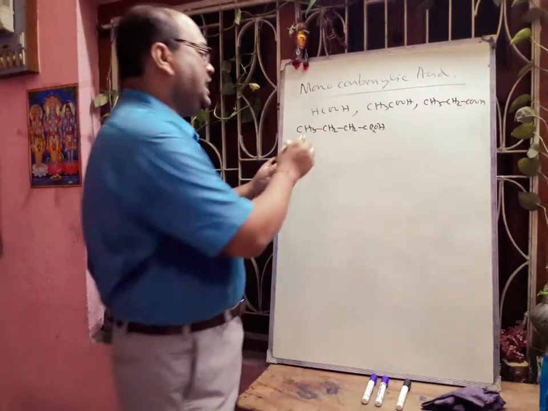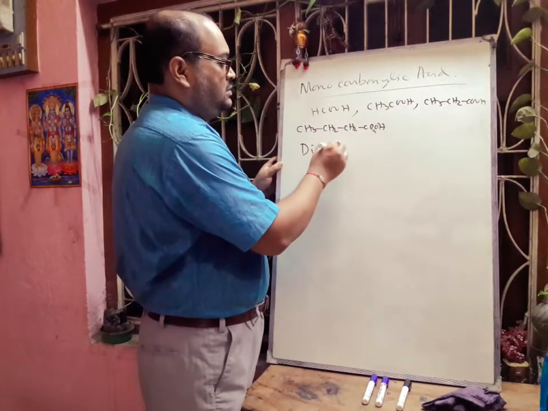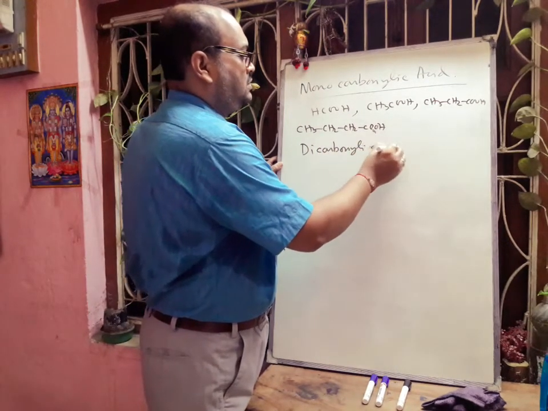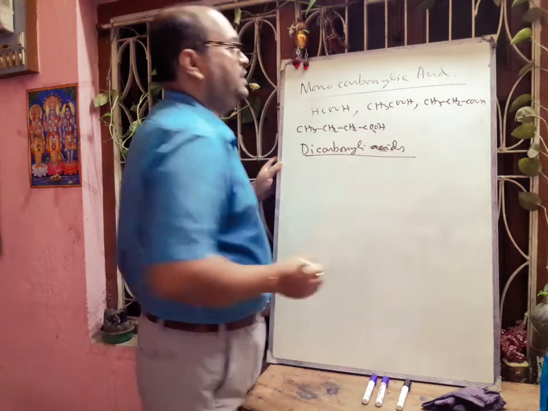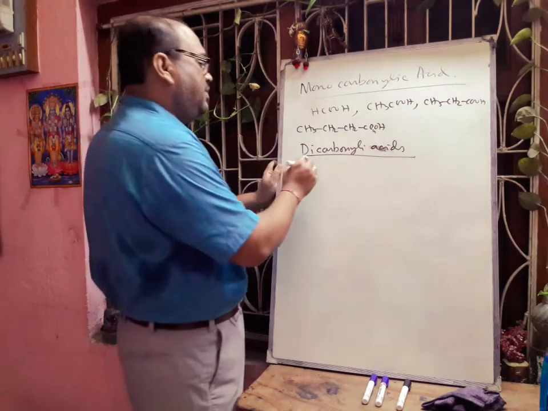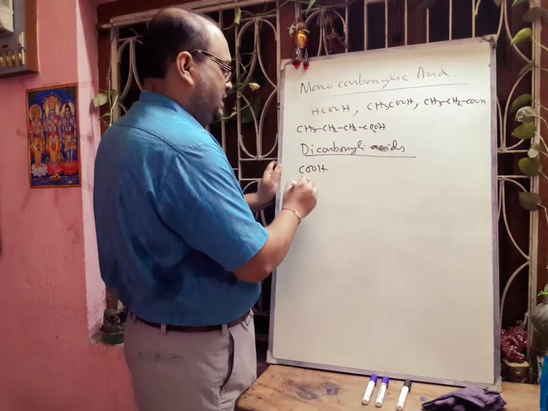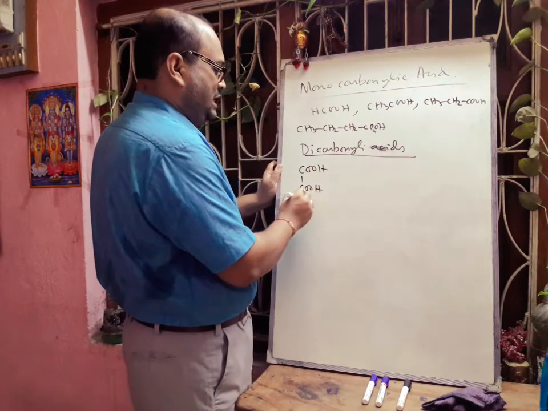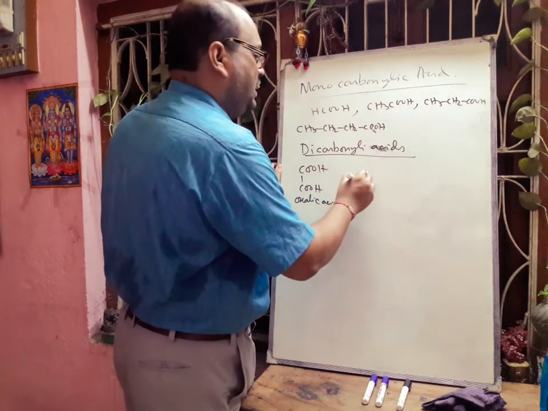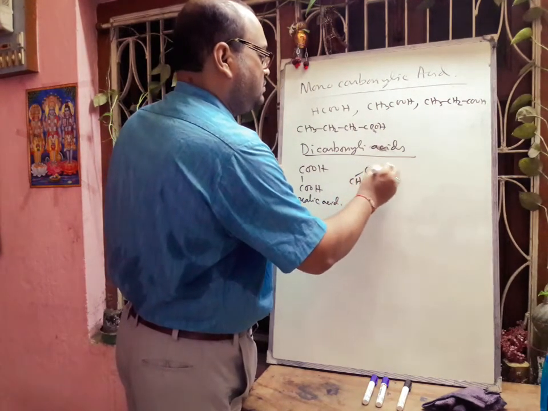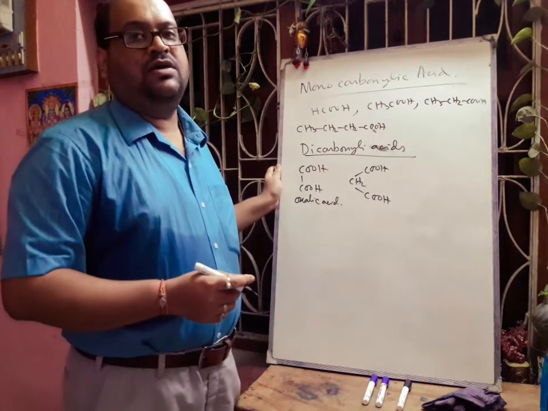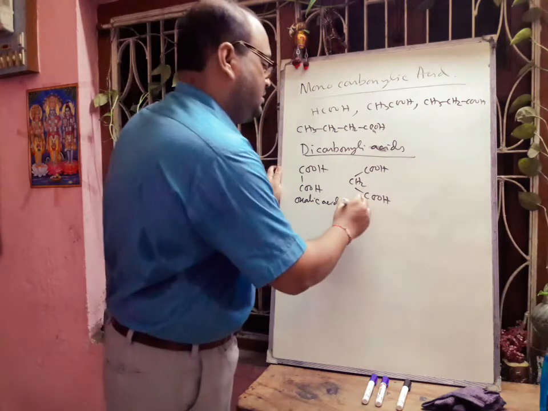Now in case of dicarboxylic acid, definitely there will be the presence of two COOH groups. First member we can think of in case of aliphatic carboxylic acid, that is oxalic acid. If we increase one carbon atom, this acid is called malonic acid.